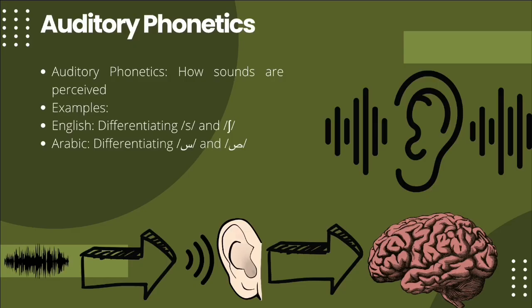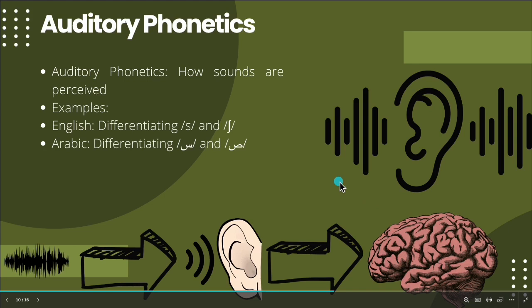Now let's move on to auditory phonetics. This branch focuses on how we perceive sounds. It's about perception. When I say perception, this means that it involves the ear and the brain as well.